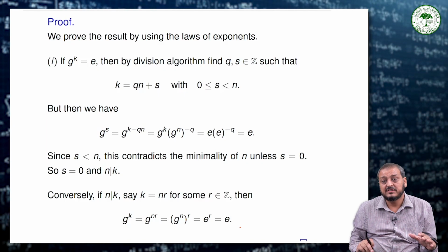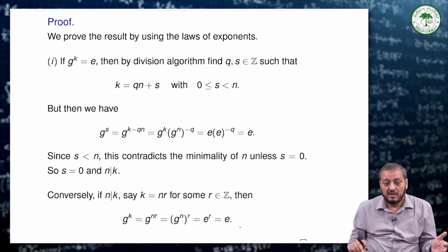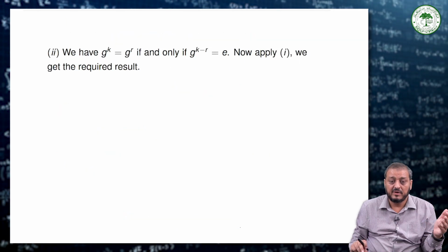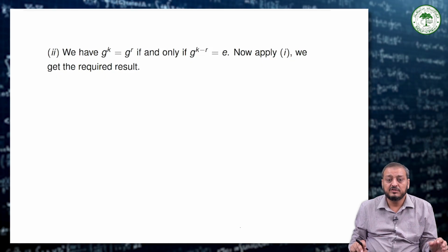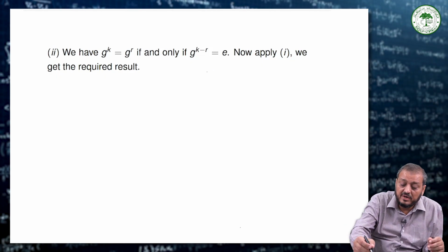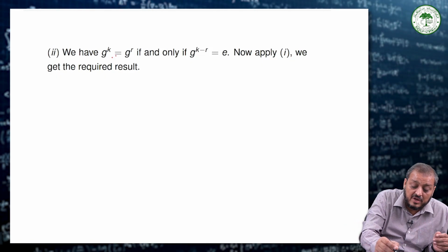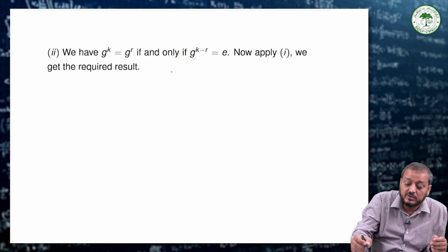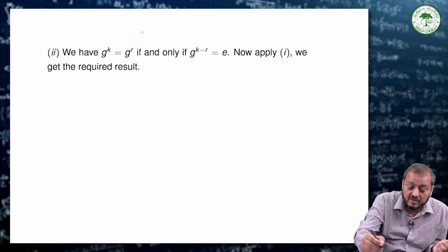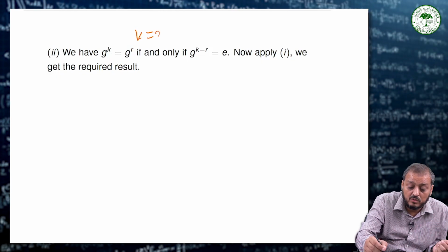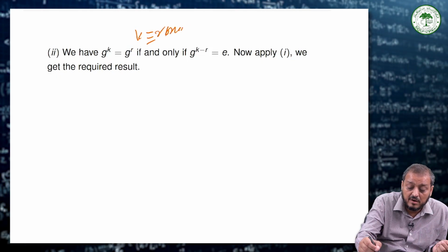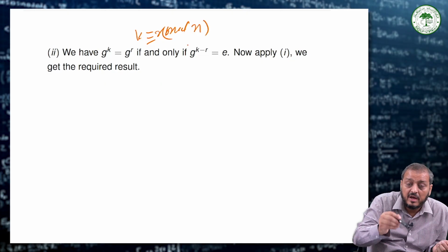Now the second part says that a^k equals a^r if and only if a^(k minus r) is equal to identity. We are given this condition, and then we have to show that k is congruent to r mod n.